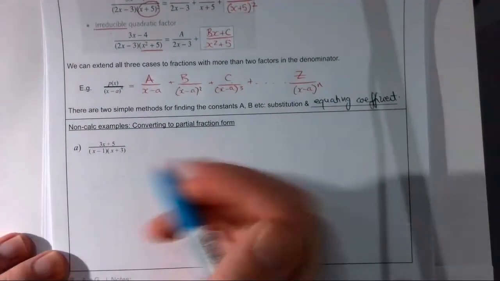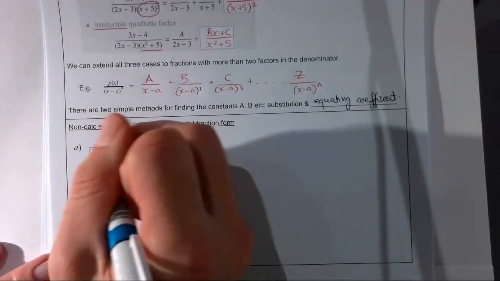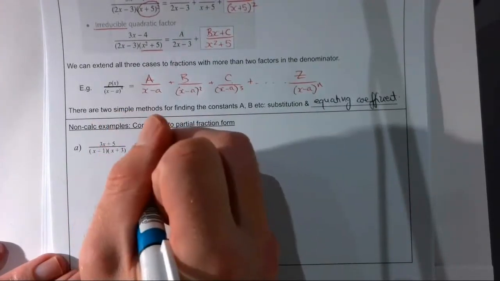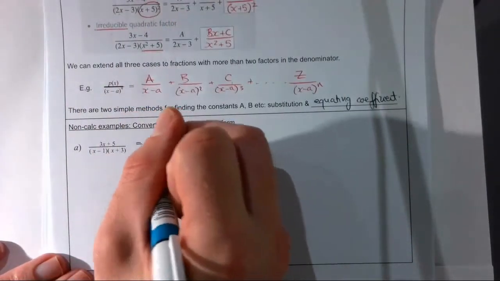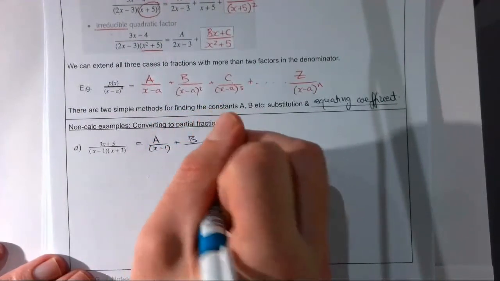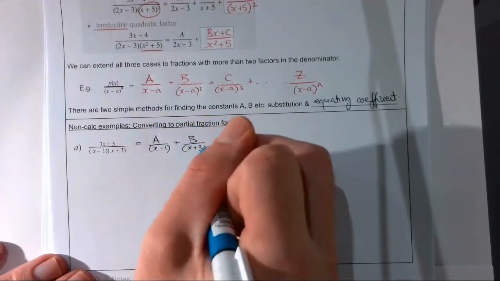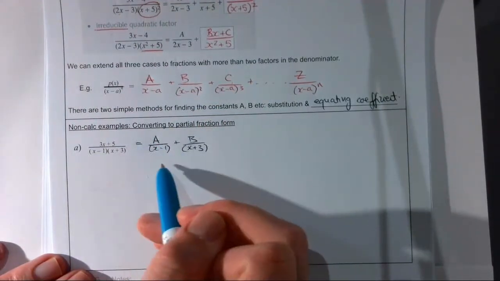So here's the question from the beginning, the first slide, and I'm going to do it straight away. I know, using this form, that I can write this as A over x minus 1 plus B over x plus 3. Then I imagine converting the right hand side into one fraction.